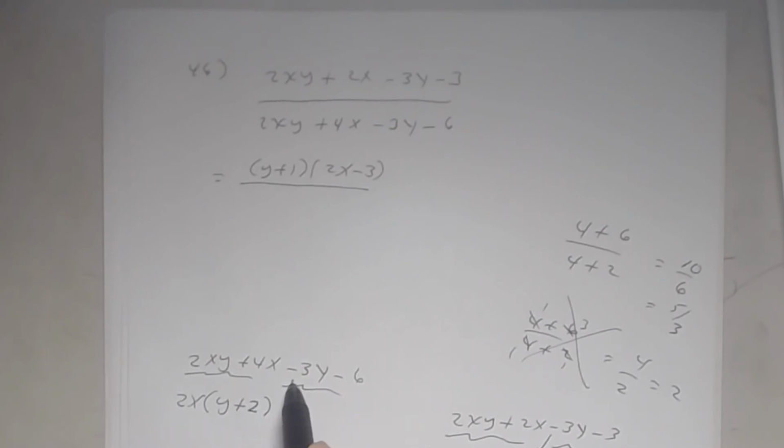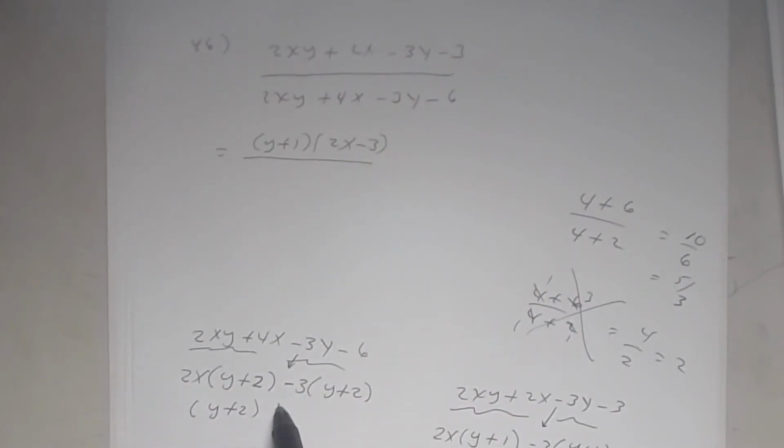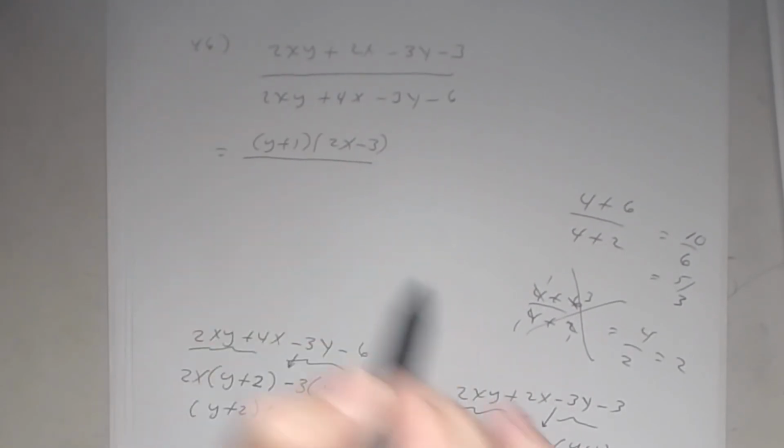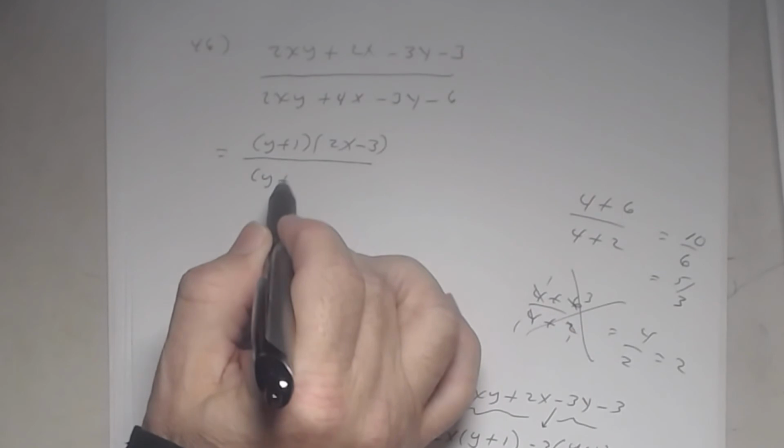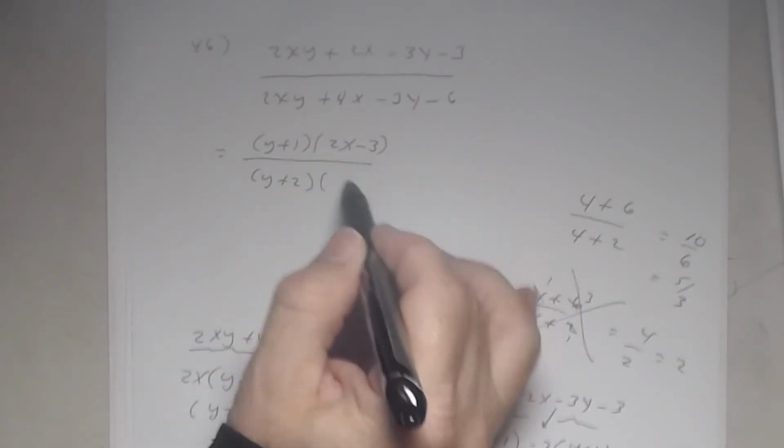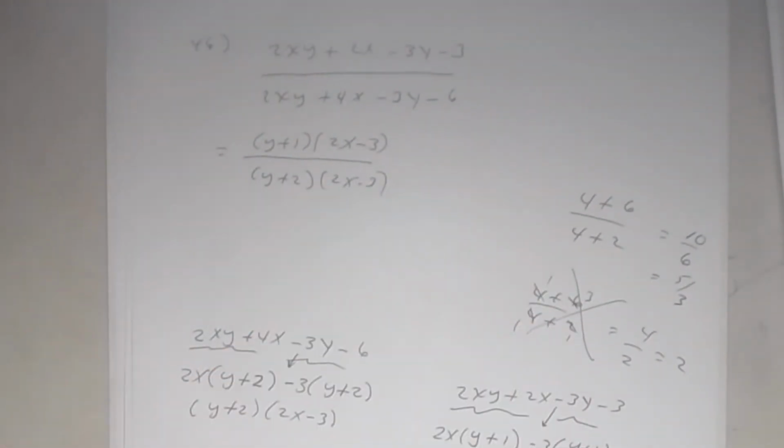Second group, negative 3 times y plus 2. Then you can take out a y plus 2 and a 2x minus 3. So that's going to be the denominator: y plus 2 times 2x minus 3.